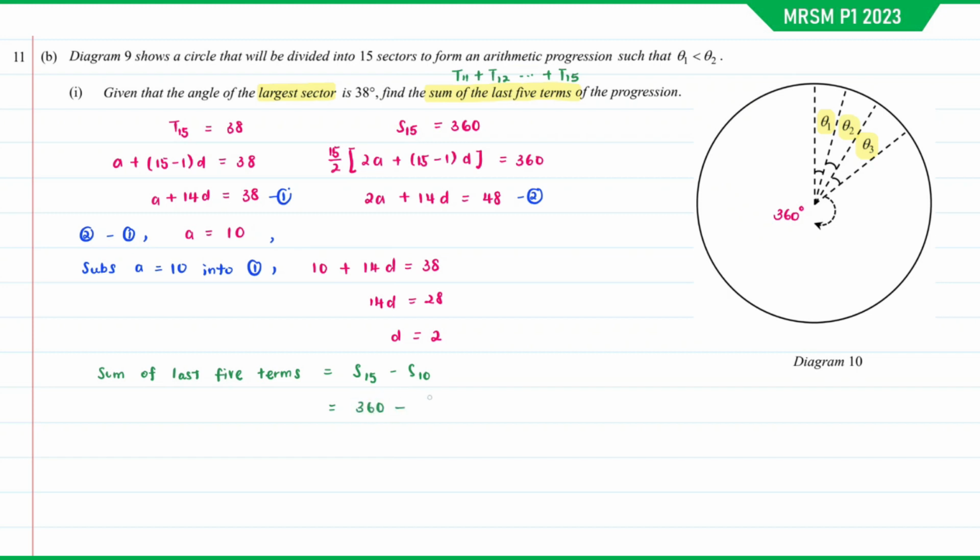To find S10, it will be 10 over 2 times (2 times the a, which is 10, plus (10 minus 1) times the d, which is equal to 2). So this is equal to 360 minus 190. So the answer is equal to 170.